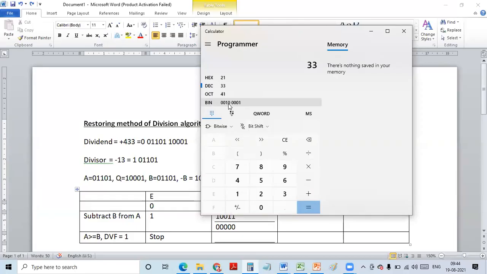I am reserving only 5 bits for my quotient, but I got 6 bits, right? 6 valid bits will give you the quotient value 33. So I cannot store this 6th bit in my 5-bit register. So I conclude this status as division overflow occurred and I can stop the division. Okay, is this clear?